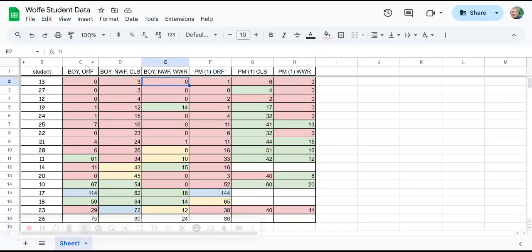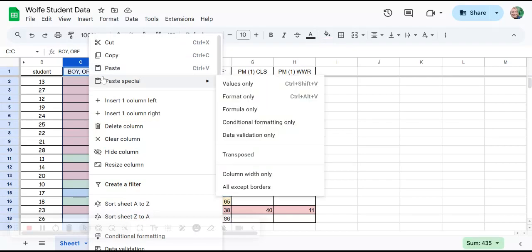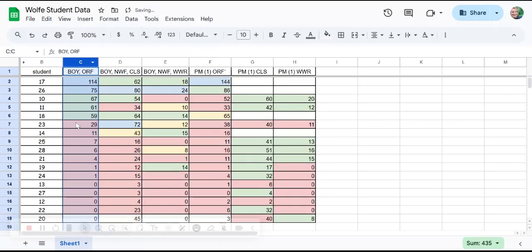When we're looking at ORF, I can also set that one up. I set it up so the greatest reader that I have is reading 114 words a minute, and this was given in September. My second highest reader is reading 75 words a minute. This child actually moved, so that's why there is no data for the progress monitoring.